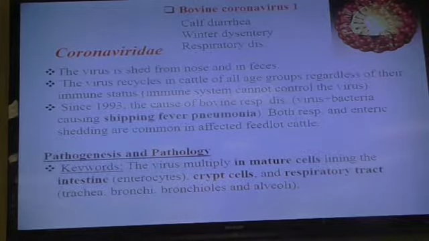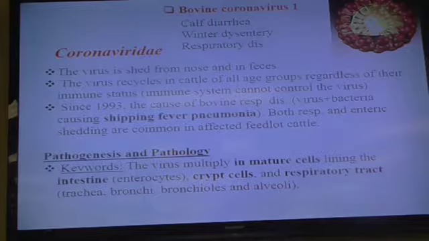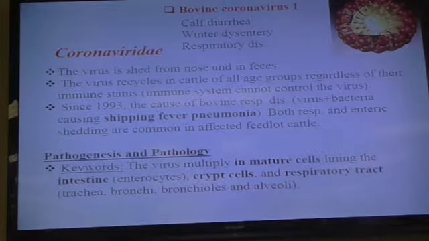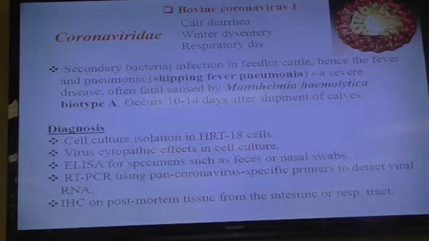And when it becomes more serious, if it is associated with bacterial infection, it causes what's called shipping fever pneumonia. The bacterium is Mannheimia haemolytica.